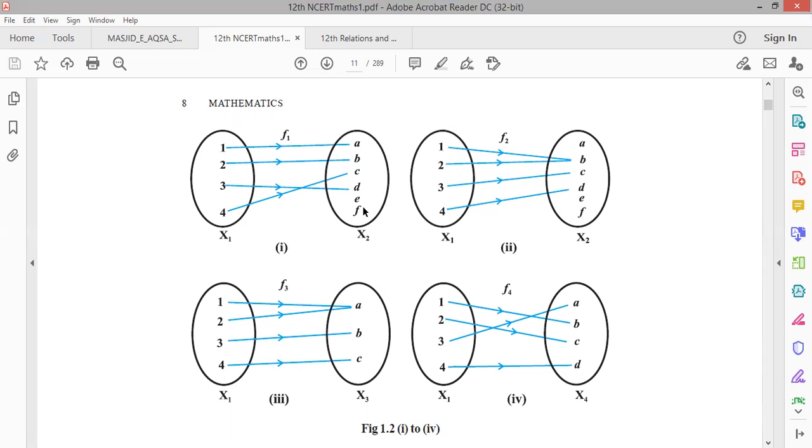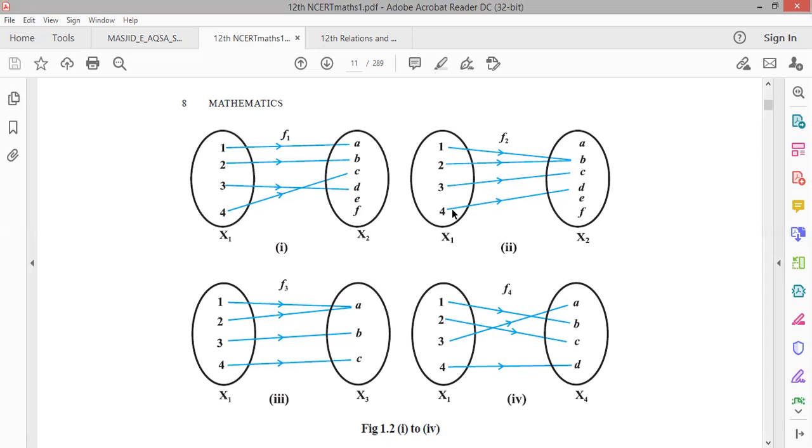No, because there is at least one element f that is not an image of any of the elements of the domain under mapping f1, so it is not onto. So we conclude that the function given in part number first, that's f1, is one-one but not onto. Let's go to the next function, f2.